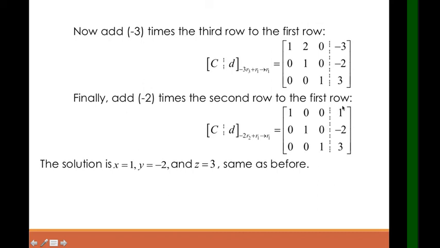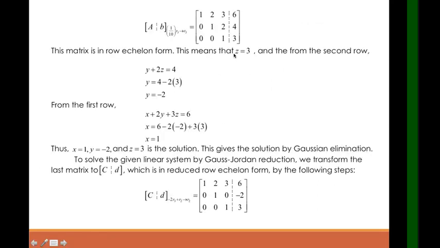So, therefore, 0, 0 na yan. Ito, 1, 1, 1 na siya using reduced row echelon form. So, we have 1, negative 2, and 3 as a value of x, y, and z. Let's check if they are the same. For the x, we have 1. For the y, negative 2. For the z, 3. So, this is an alternative way using Gauss-Jordan reduction.